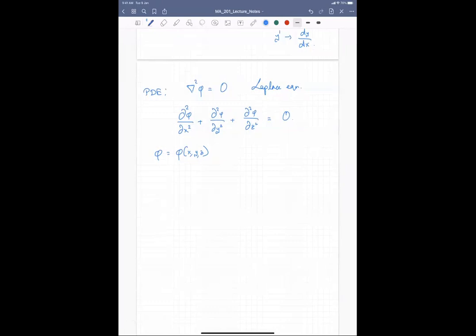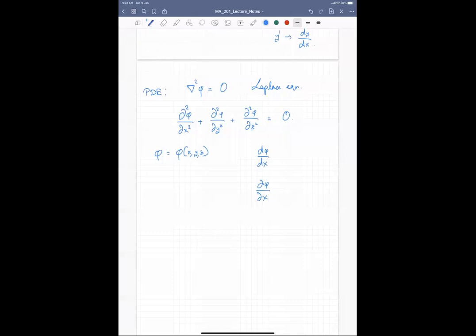If phi only depends on x, then I will write this as d phi dx. This is an ordinary derivative. But if phi depends on a bunch of things, and I only want to understand how phi varies with respect to x, then I will write d phi dx with this little curly d.